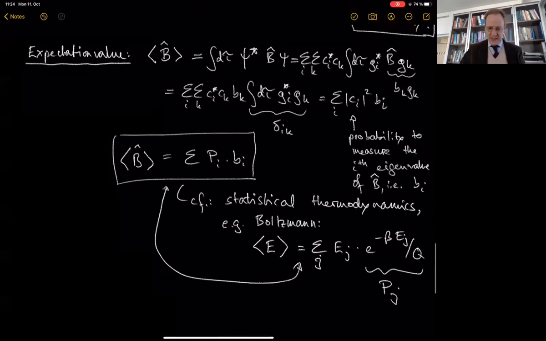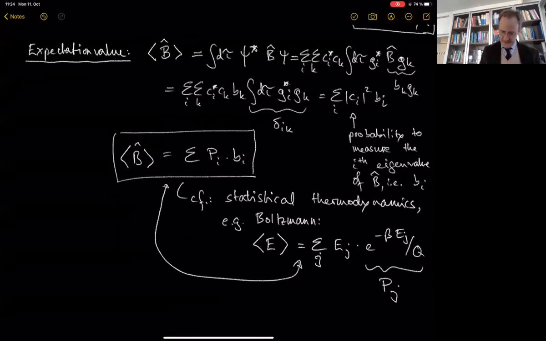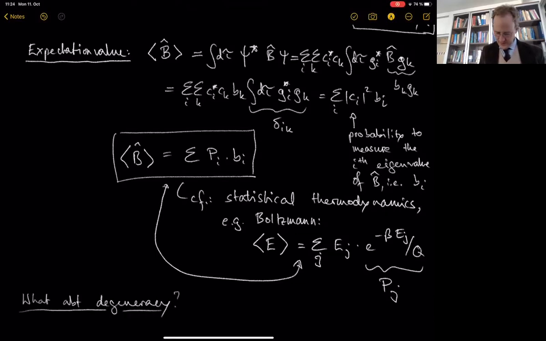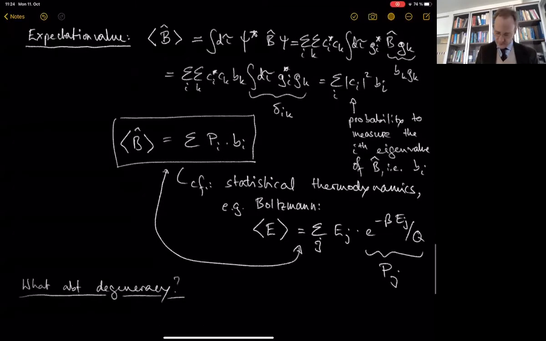What happens if you have degenerate levels? So what about degeneracy? Well, that's quite easy. You write your B clearly as a sum of terms, right?